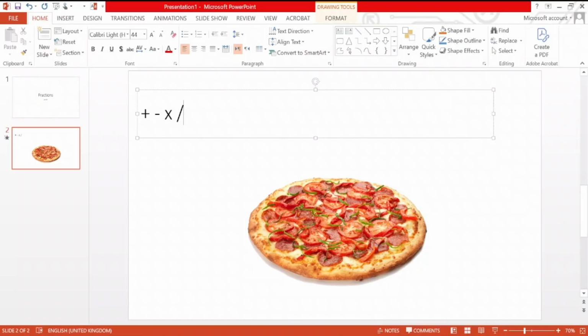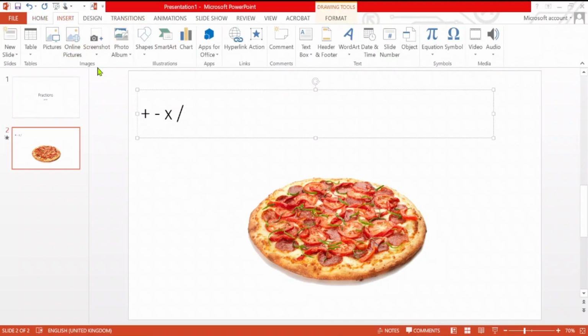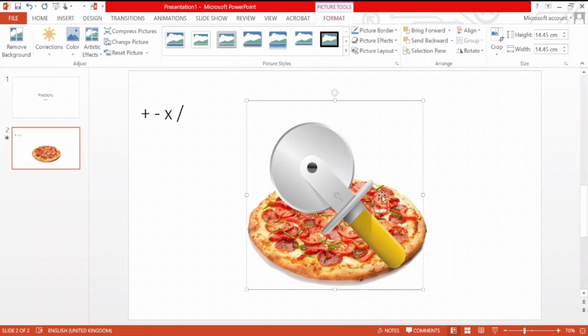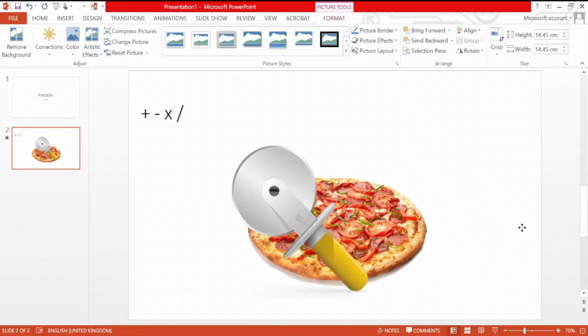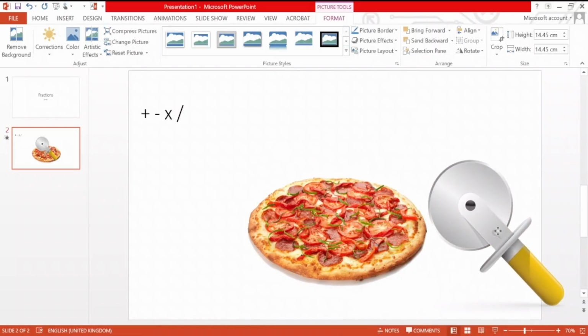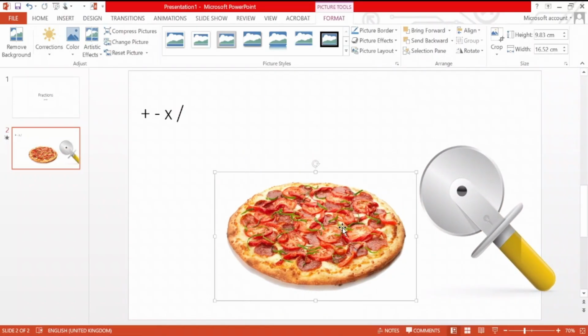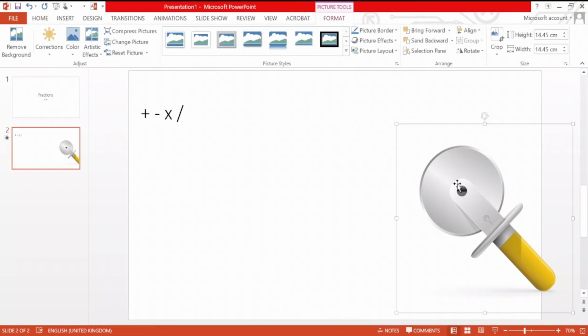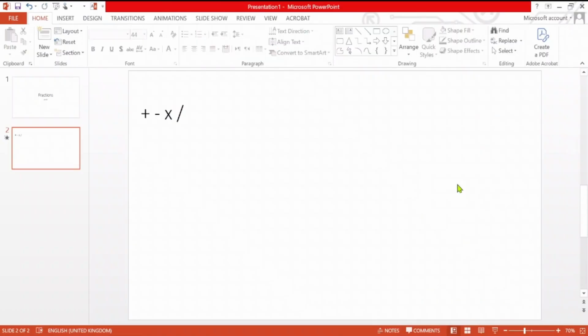Without fractions, many parts of math, like a pizza here, wouldn't work. Let me get a pizza cutter. If this pizza gets cut by the pizza cutter, us humans wouldn't know what the fraction is.